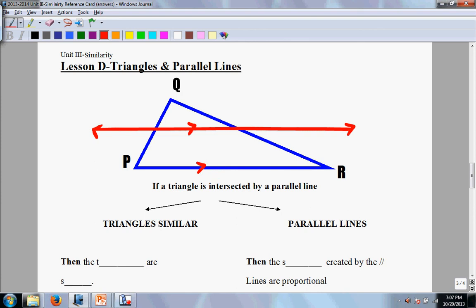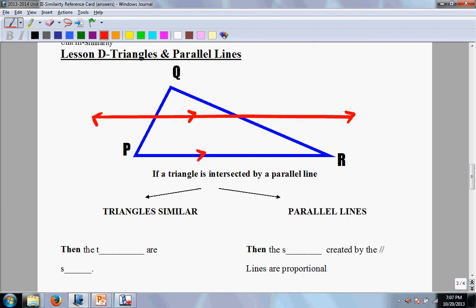Now there's two ways I want you to view this scenario. Two separate perceptions. One, when a triangle is sliced by a parallel line, the first method I'd like you to see is the fact that you have two overlapping similar triangles.